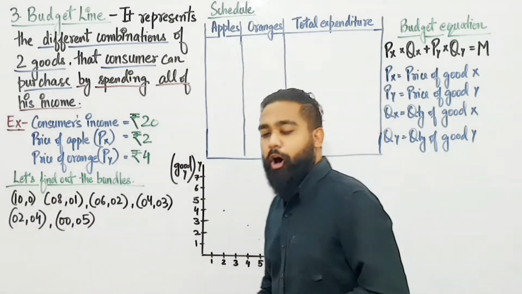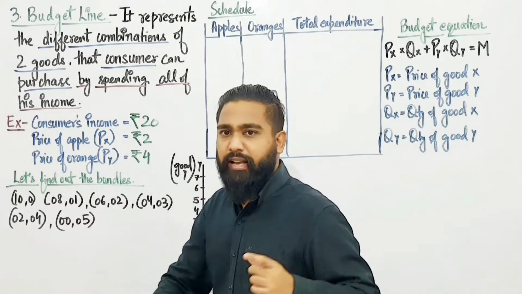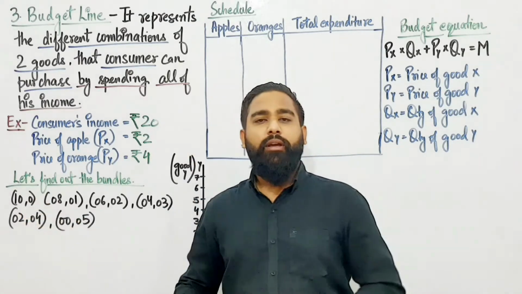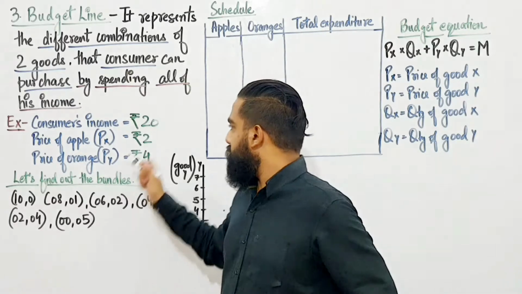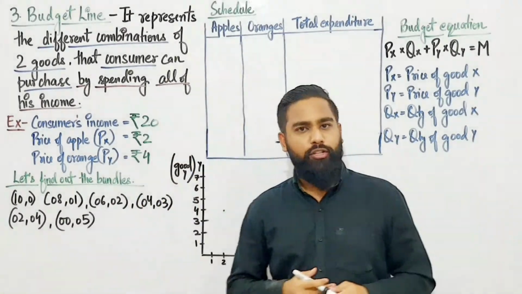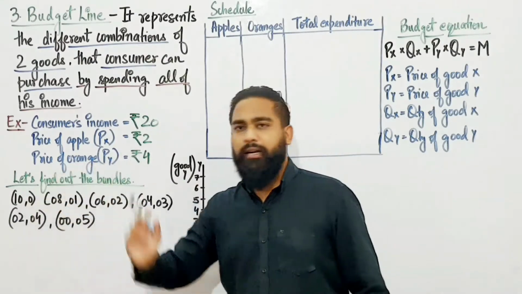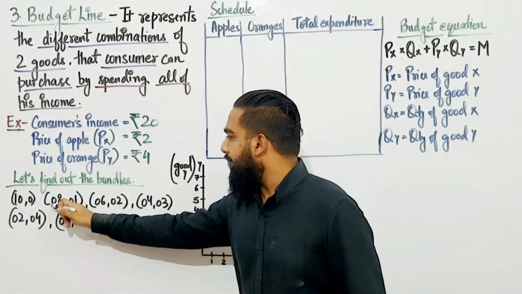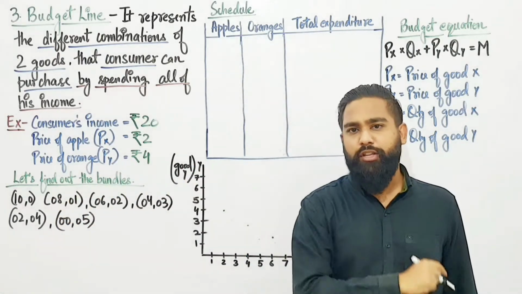Now, after spending all my money, I can have 6 bundles. Like, I can buy 10 apples, which is equal to 20 rupees, and I don't need to buy any oranges. Then that combination will become 10 and 0. My 20 rupees are spent. I can have 8 apples and 1 orange.